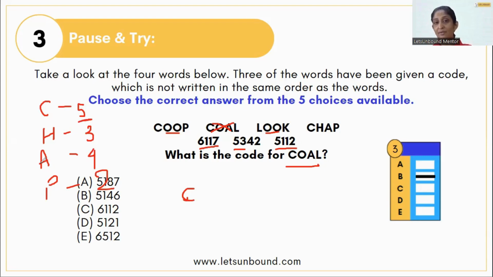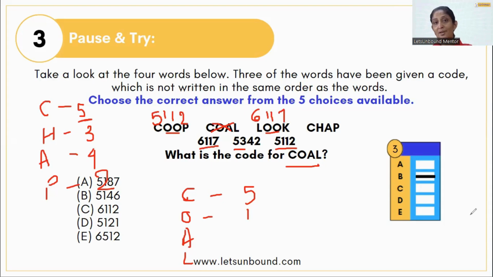Now let us find for our COAL. We know that C now is 5 and we already know that O is 1. Now, using the same thing, since C is 5, that means COOP is 5112 and LOOK is 6117.